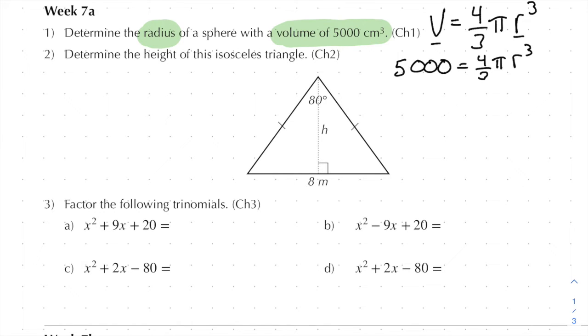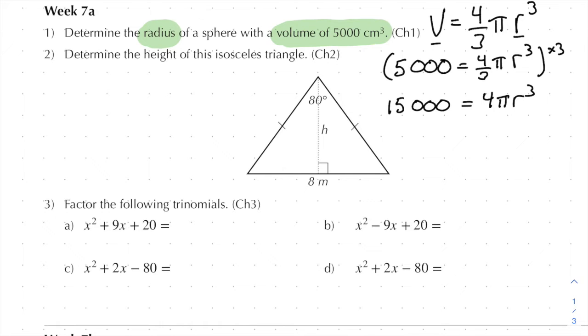Now we have to solve for our radius. To do that, we have to undo all the math operations involved here. The first thing I'm going to do is get rid of the 3 on the denominator by multiplying everything by 3. That will give us 15,000 is equal to 4 pi times the radius cubed.